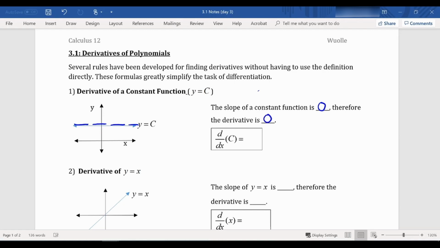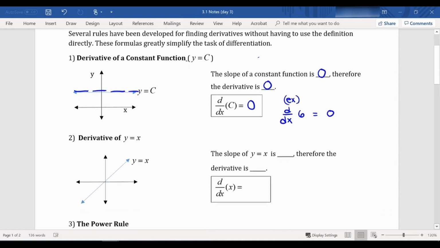So what that means is if you find the derivative of a constant, this is 0. So for example, if I ask you to find the derivative of 6, this is 0. Okay? So again, d/dx means find the derivative of this thing. So this is find the derivative of a constant c, or in my example, find the derivative of 6, and I would get 0.